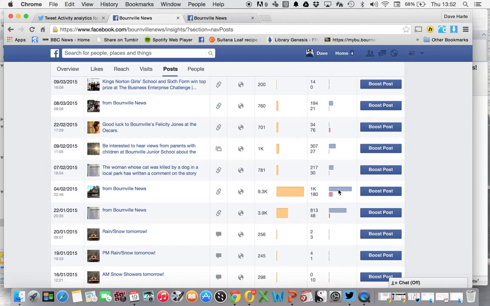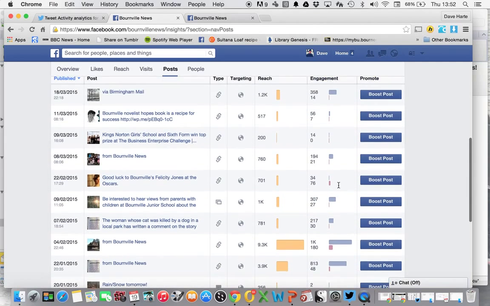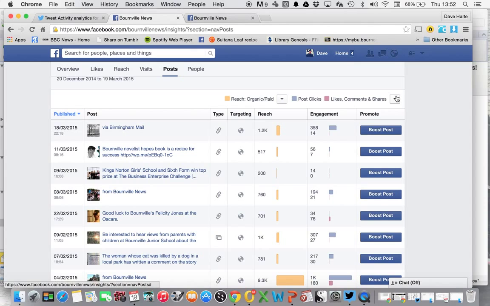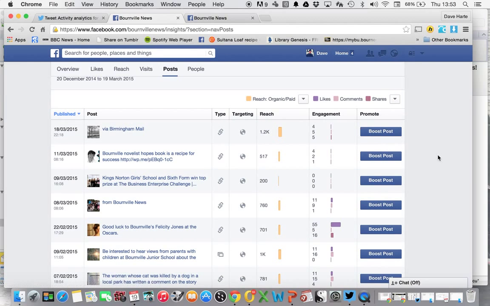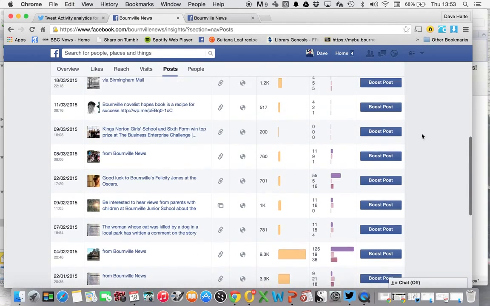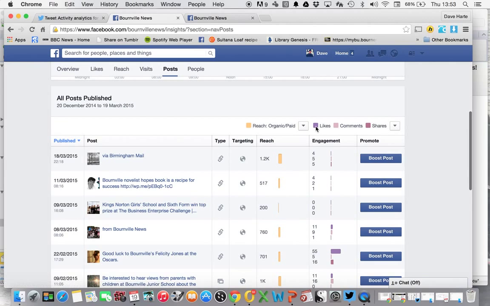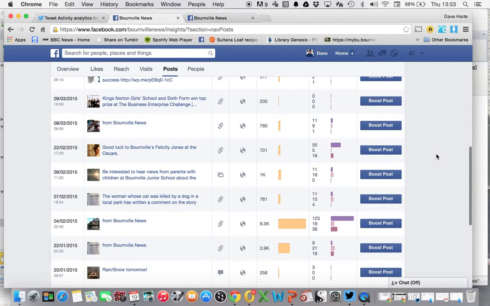That could be a mixture of likes, comments, shares, some kind of link on it. If we click down to likes, comments, shares, we get a bit more information.